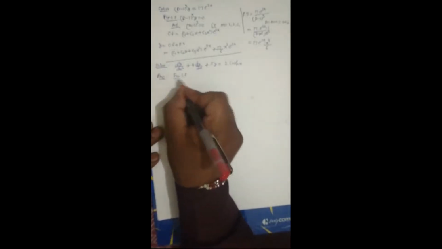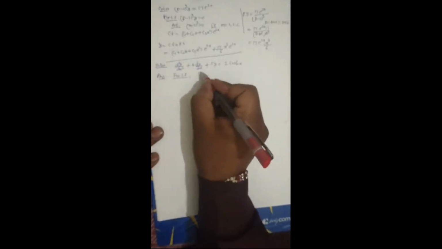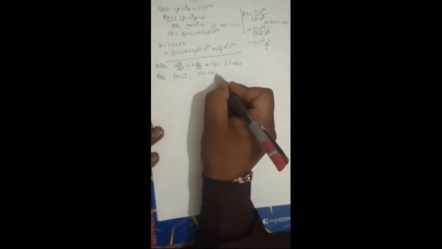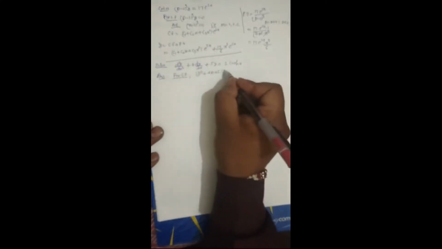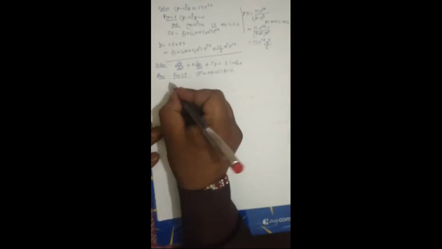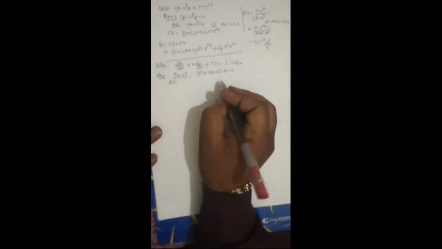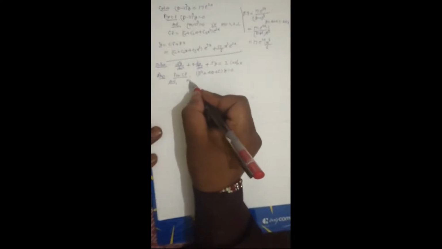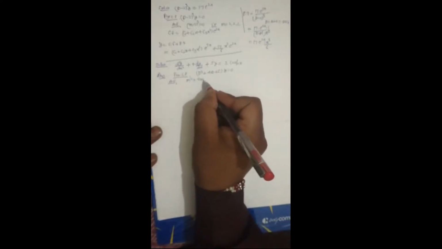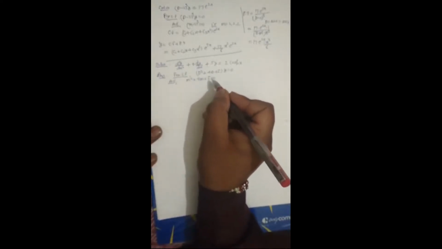For CF, (D square plus 4D plus 5) y equal to 0. Auxiliary equation: by putting D equal to m, we get m square plus 4m plus 5 equal to 0.